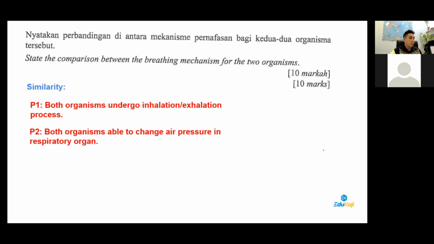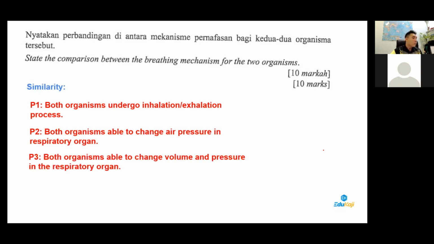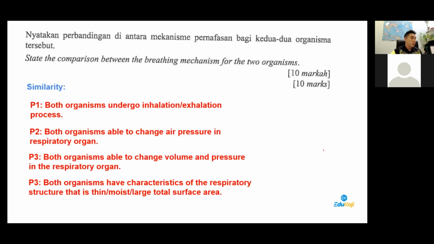Okay. Hold on, wait. I think that's 10 marks. My advice is normally you take 2 similarities, 8 differences for this type of question. I think these two are good.